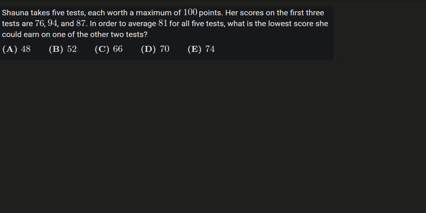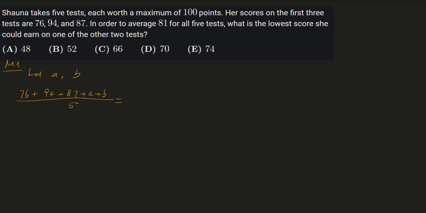Anyway, let's get started. So in the first method, as we said, we'll apply the definition of an average. Before that, let's set the last 2 tests' scores to be A and B. Therefore, by definition, we'll have 76 plus 94 plus 87 plus A plus B divided by 5.